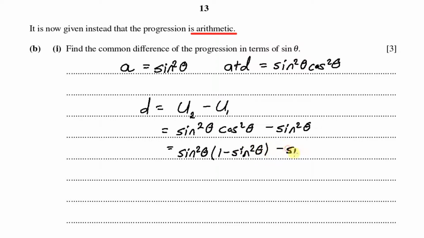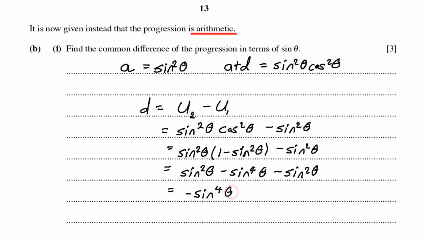And that's minus sine squared theta here. Simplifying the bracket, I'll have sine squared theta multiply 1. So that's sine squared theta, and sine squared theta times minus sine squared theta. That's minus sine to the 4 of theta. And that's minus sine squared theta. And here, sine squared theta minus sine squared theta gives us 0. So we're left with minus sine to the power 4 of theta. And this is the answer right here.